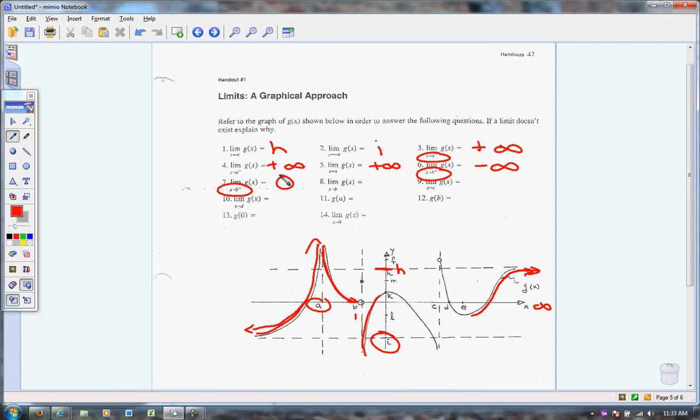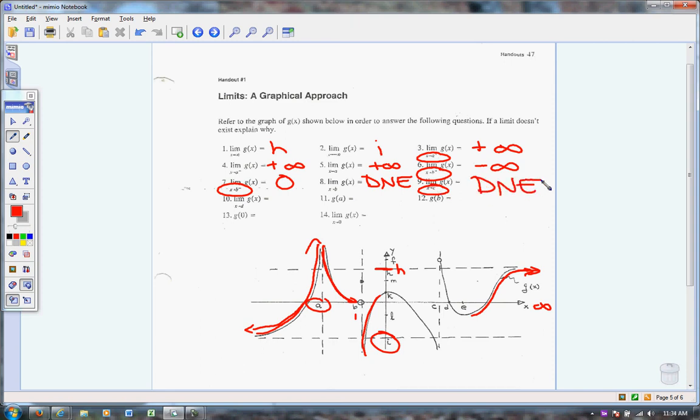Okay. So what would we say as we just approach B? It does not exist because they are not approaching the same value. Okay, and I think you see how this is going. How about the limit as x approaches C? Just regular x approaches C, not from the right or the left. Look at the function. It doesn't exist because they're approaching two different values.